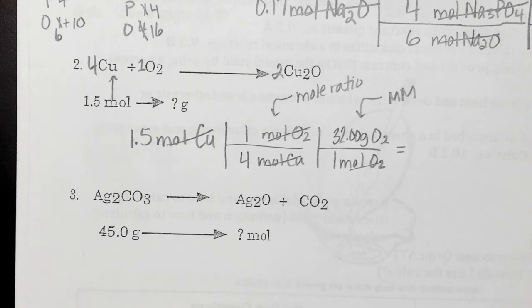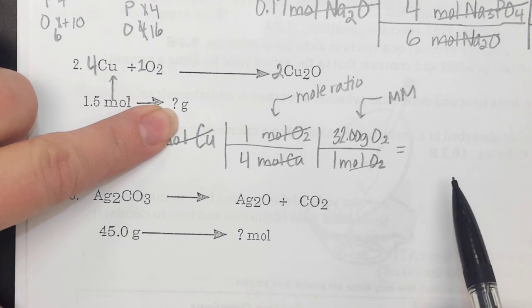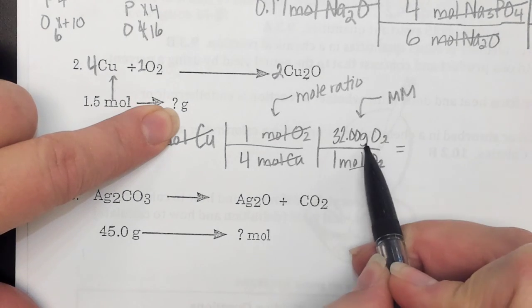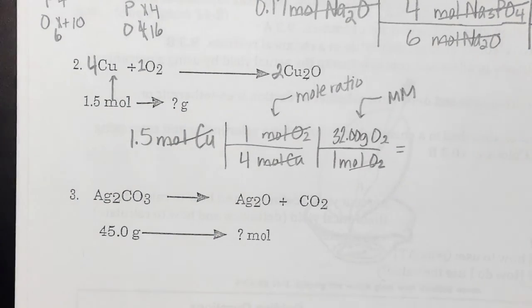Okay, am I done converting? Thumbs up if we're done converting. Yes, Varya, you're correct. How did you know that we're done? Because the last label I have is grams, and that's what they asked for. All right, sweet.